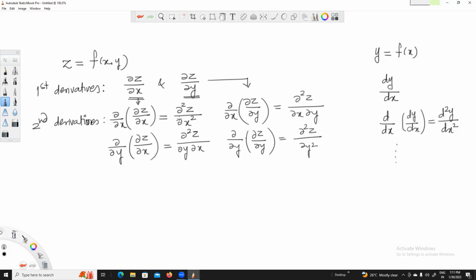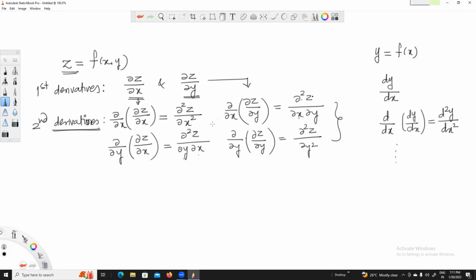So I have four different terms for the second derivative of this function z, in which I can define the second partial derivative of z with respect to x, second partial derivative of z with respect to x and y, second partial derivative of z with respect to y and x, and second partial derivative of z with respect to y. So this is how we can define the second derivative in case of a multivariable function.